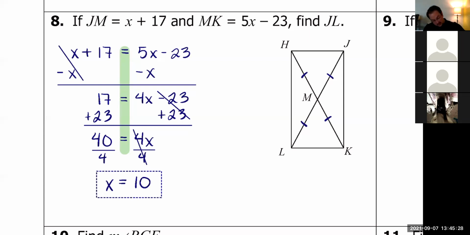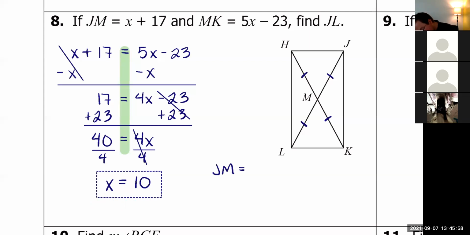I need to find the measure of JL. Well, 20, sorry, maybe 20. Careful. X is not a measure of anything up there. It's just merely a part of the expressions we're given. But I like where your head's at. You are thinking doubling, but I wouldn't double X. I could, however, double JM, which means I need to know JM.